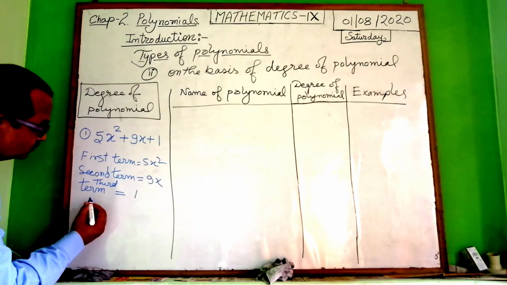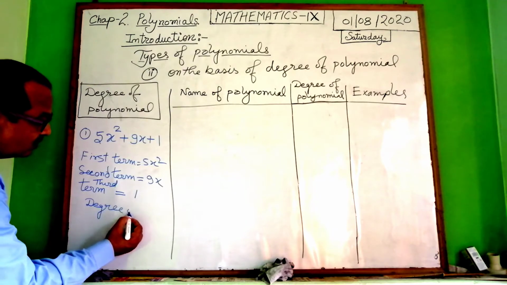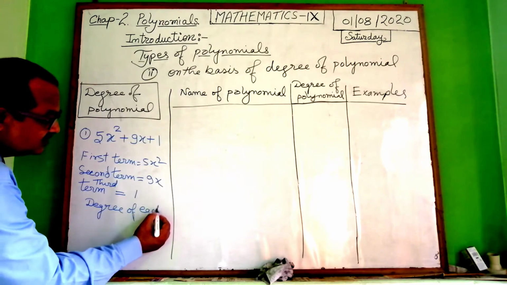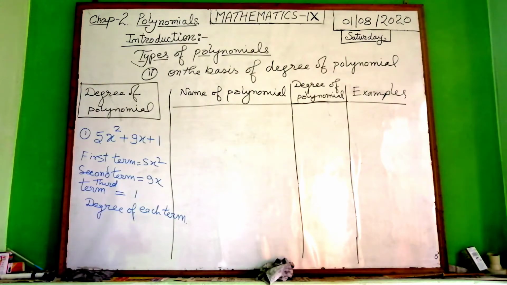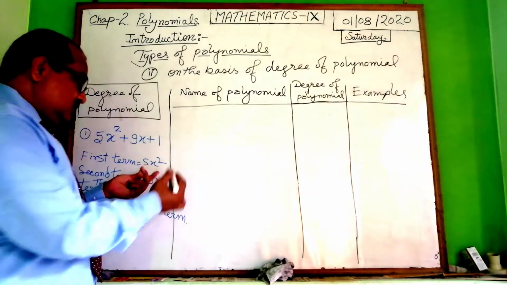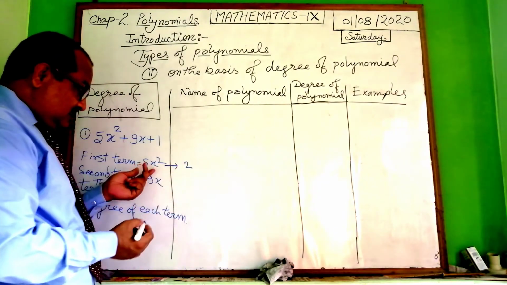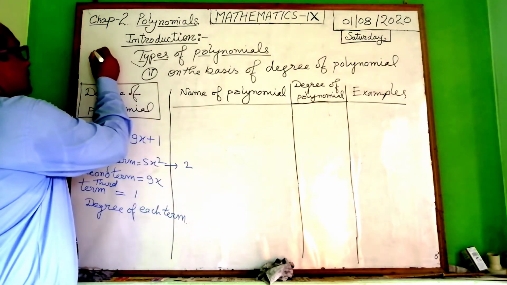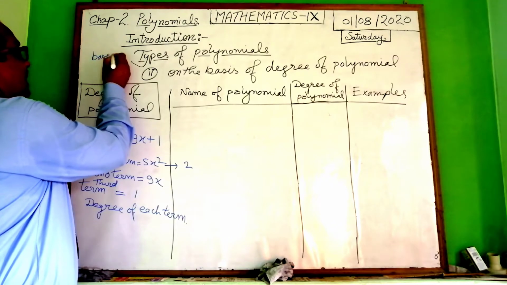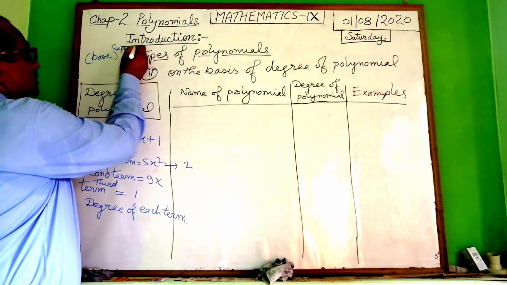So see the degree of each term. First of all, you should know the degree of each term. You must note the degree of each term. The degree of the first term is 2. x raised to the power 2, that is the degree. Here this is the base and this is the exponent.